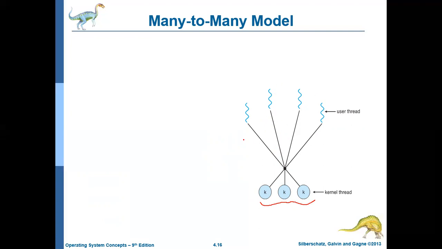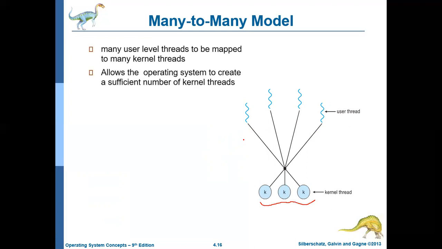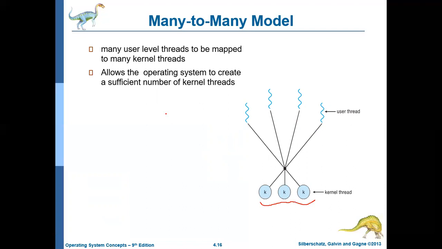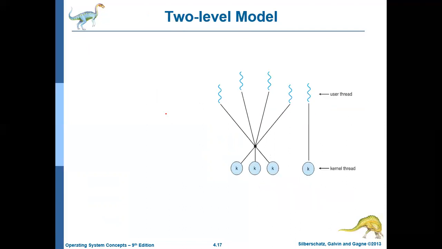It allows the operating system to create a sufficient number of kernel threads, and basically it takes the advantages of the other two models. So this is how the many-to-many model works.